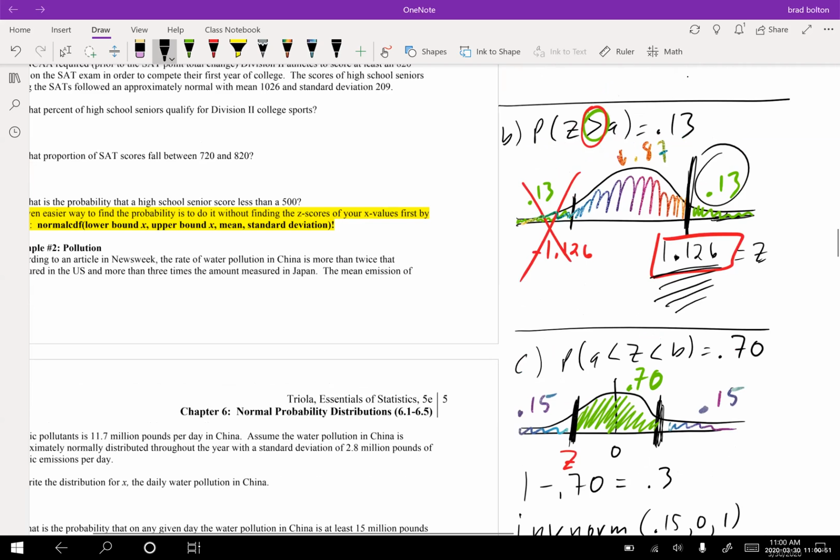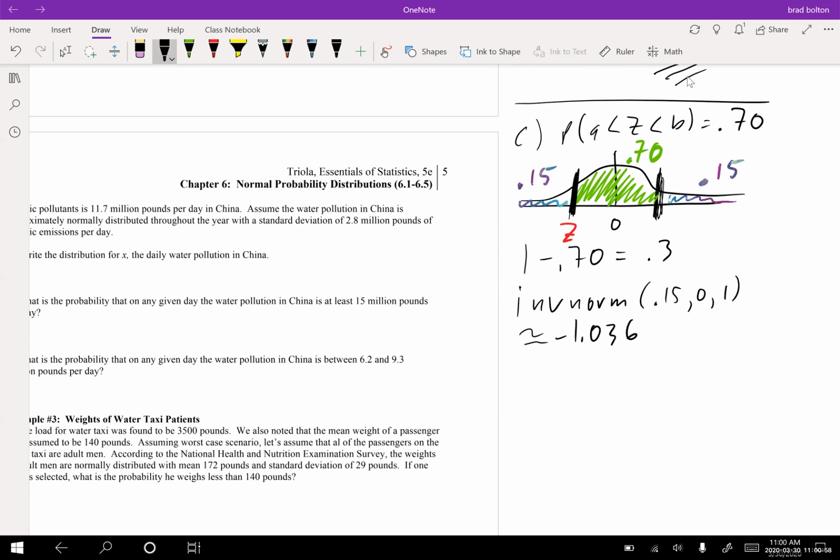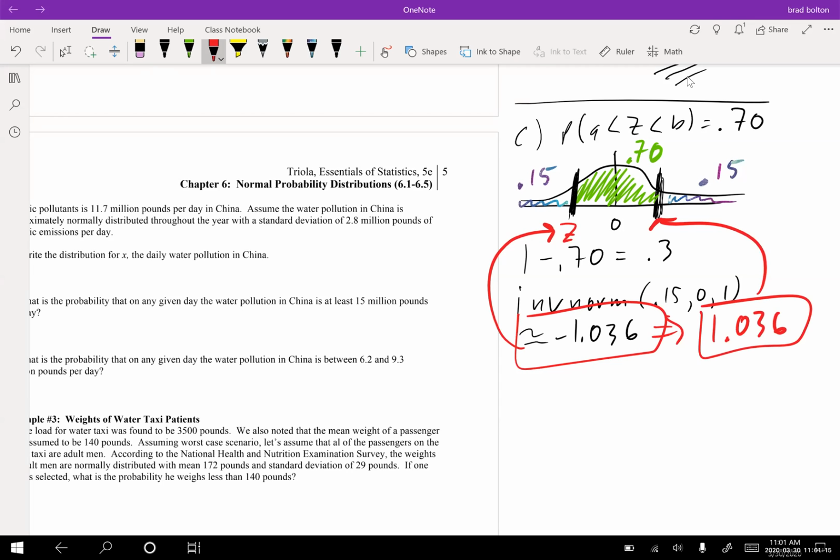I know it's going to be negative 1.036. So that means this z-score right here is negative 1.036. But because of symmetry, I also know that positive 1.036 would be this guy right here because they're symmetric. So I found my two answers, negative 1.036 and positive 1.036.